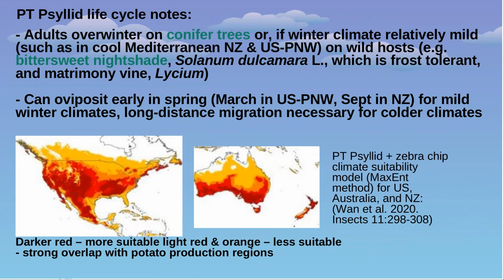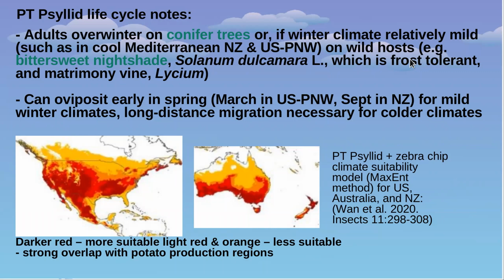But we're finding for this northwestern haplotype that seems to be the predominant one in Oregon and Washington, that it actually continues to develop, albeit at a very slow rate, on wild hosts, such as Bittersweet Nightshade, which seems to be the number 1 host here in the Northwest. This is an invasive weed, and it's been found to be pretty common. And so it is a source of this pest and of zebra chip. It's also cold tolerant, so it's a really good host for potato psyllid.